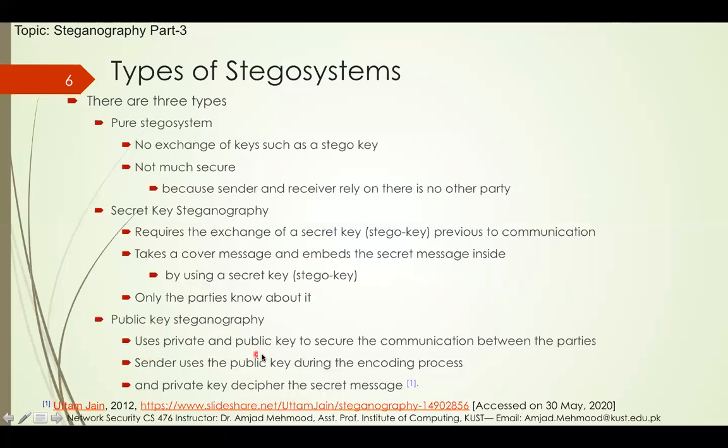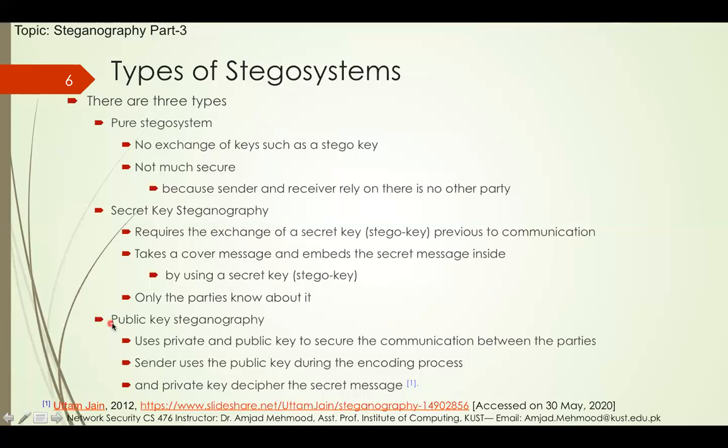Public key steganography uses private and public key. These techniques were also available in cryptography. If you remember, there we also have symmetric and asymmetric strategies. As we have studied symmetric strategies of cryptography, next we will be studying asymmetric strategies.